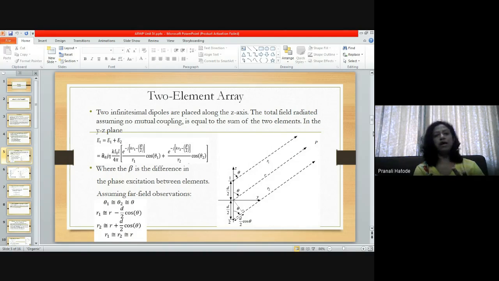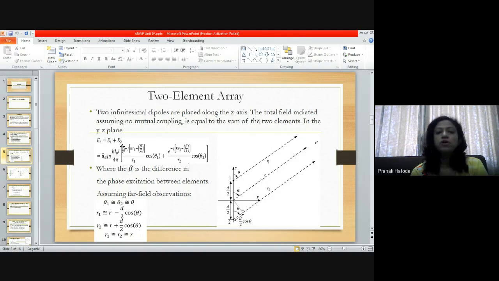So let us first understand a two element array. In this example, I have considered two Hertzian dipoles placed at d by 2 distance away from the origin along the y axis.